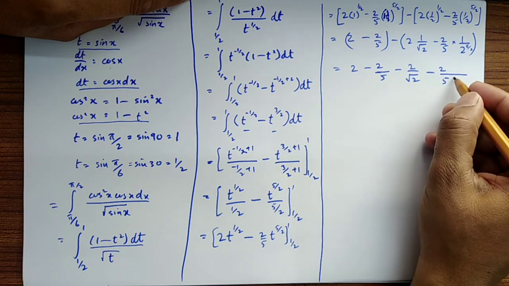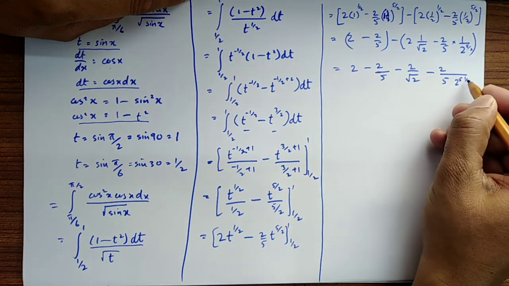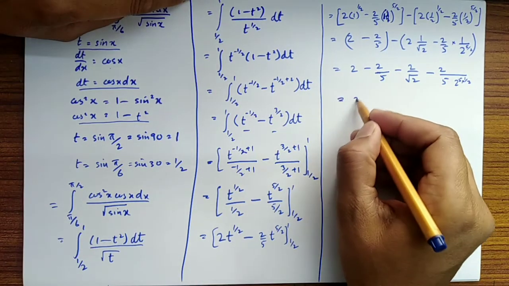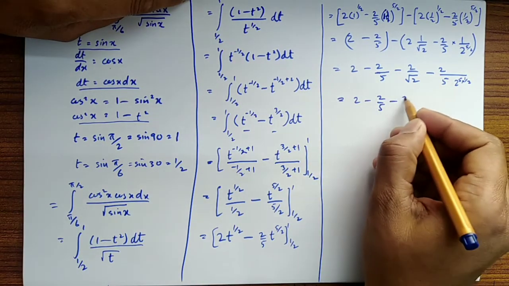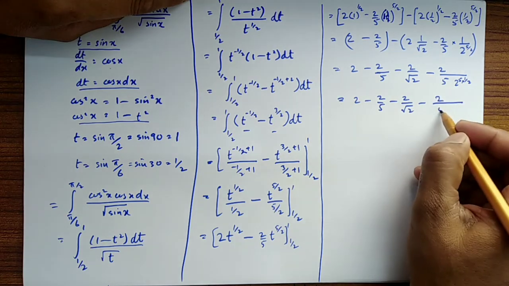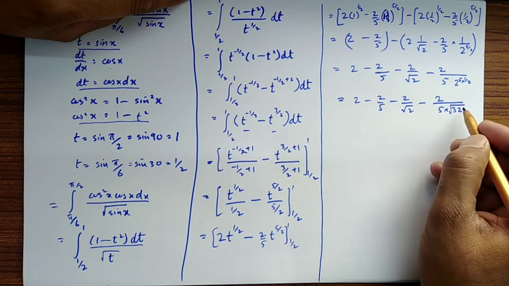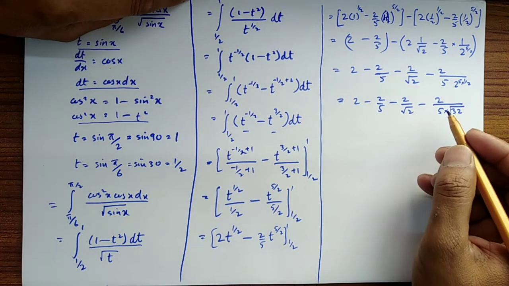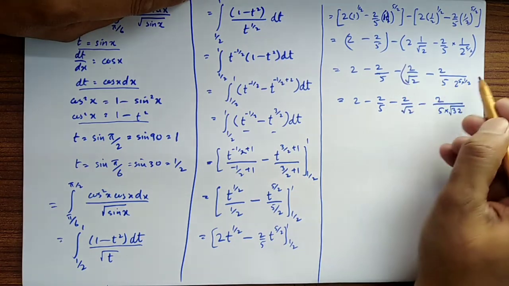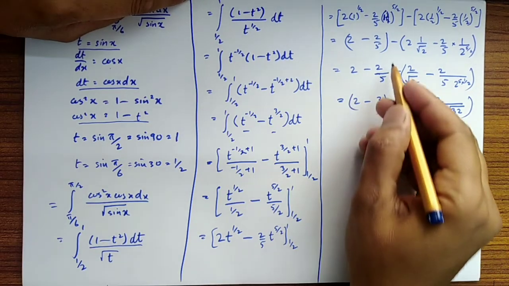You can write it as 2 power 5 1 upon 2, right? So that gives us 2 minus 2 upon 5 minus 2 upon root 2 minus 2 into 5 multiplied by 32 root. So simplifying, here we have a bracket, and this one is in the brackets.